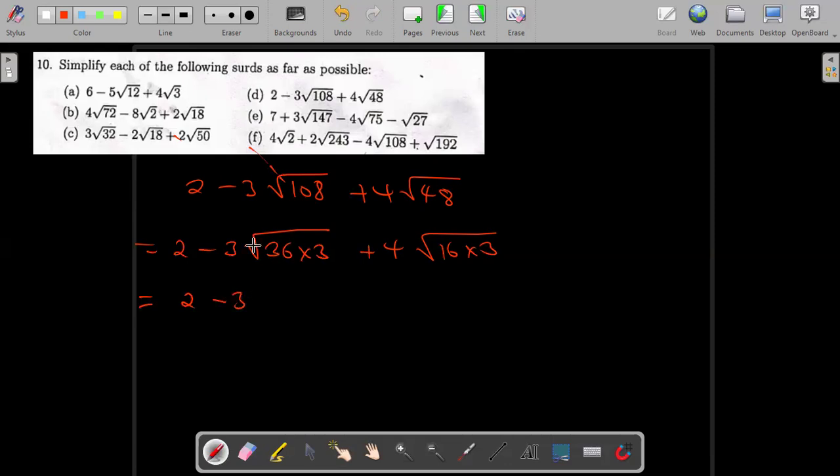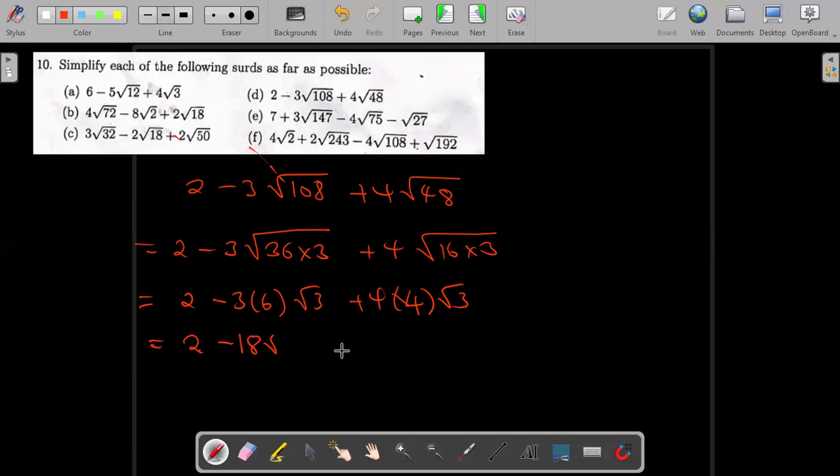So meaning the square root of 36 is just going to be 6. Then I'll have root 3 there plus 4. Then the square root of 16 is going to give you 4. Then you have root 3 there. And this here is going to be equal to 2. Then 3 by 6 gives you negative 18.